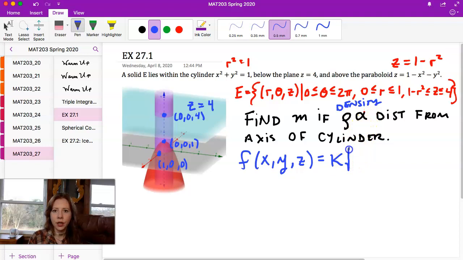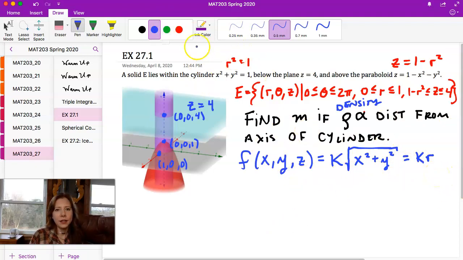So k times the square root of x squared plus y squared. It's our cylinder. Another way we can write this is k times the square root of r squared, since we're dealing with cylindrical coordinates. So it's simply equal to kr, which might make more sense to you: k times the radius, which is the distance from the axis of the cylinder.